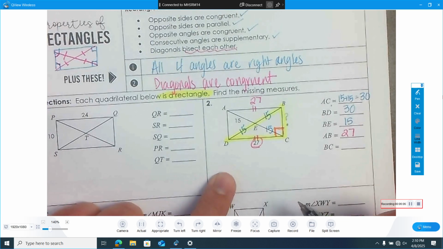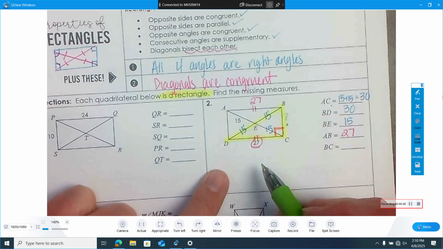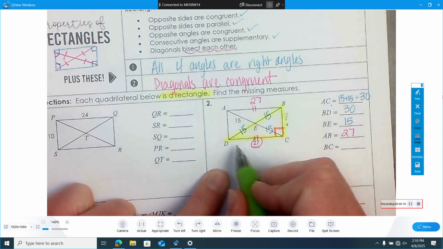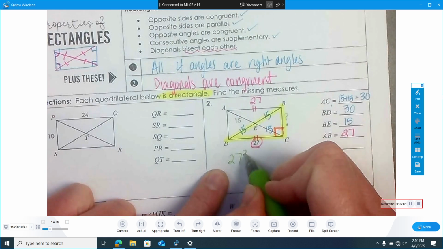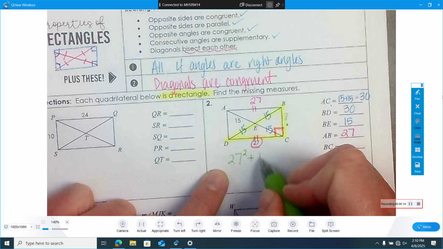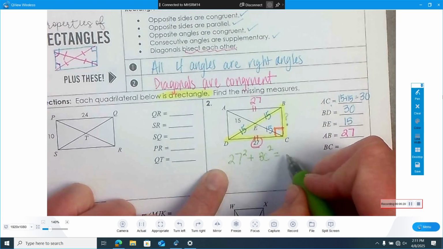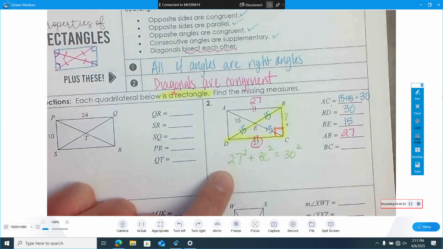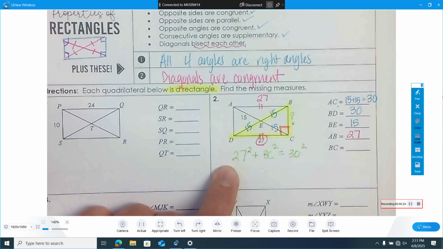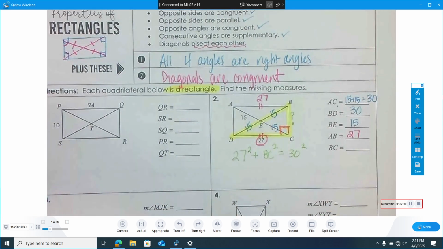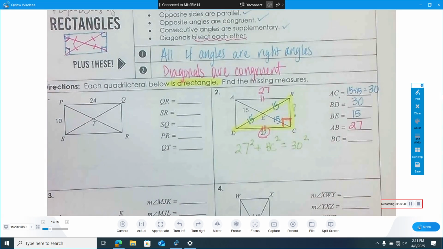Well, true. How'd you get that? So I just did like Pythagorean theorem. Leg squared. So 27 squared plus BC squared equals my hypotenuse squared. And what's the hypotenuse here? 30. All right. Leg squared plus leg squared equals hypotenuse squared. All right. Let's see. What is 27 squared?